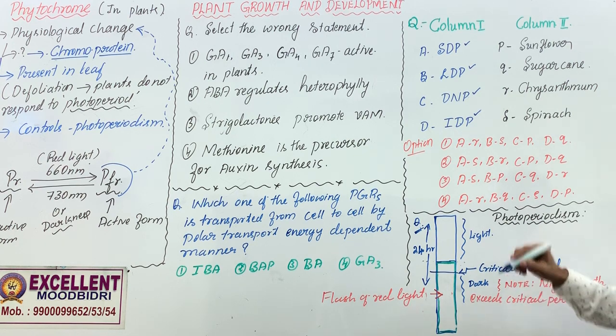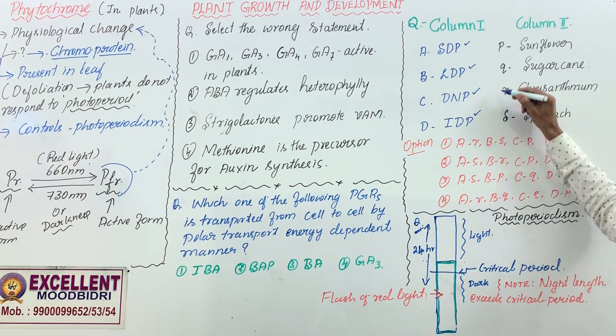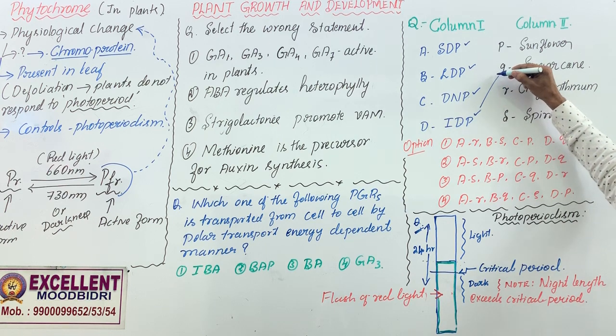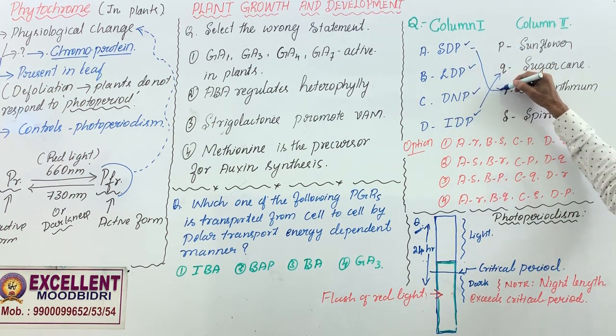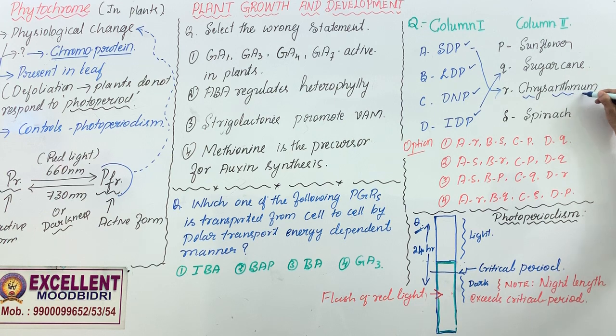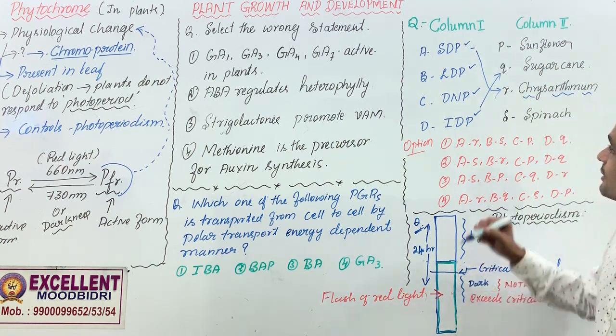Intermediate day. Example is sugar cane. Okay. Short day, that is chrysanthemum. You have seen flower formation during winter season. Short day.